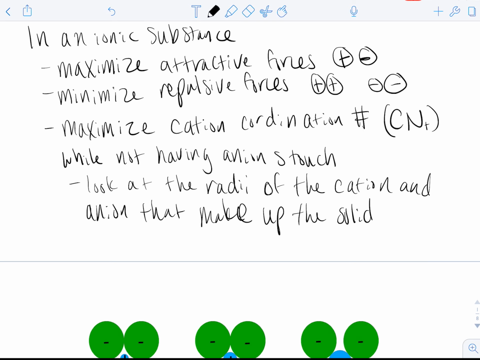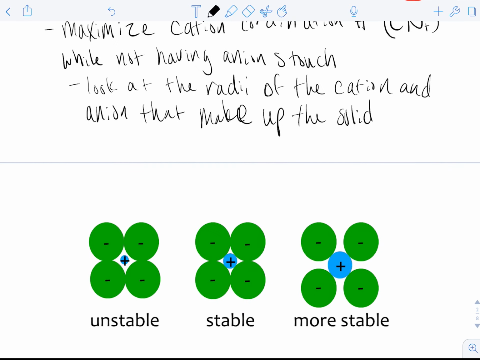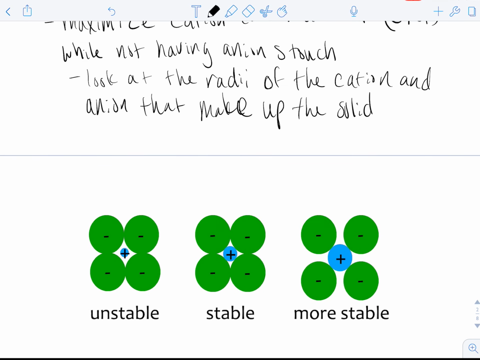Okay, so what we want is as many anions around our cation as possible without them touching. So in this arrangement right here, we see this. Here we have a maximum number of anions around our cation, but our cations themselves are not touching. There's space in between them. So that is what we want to do.